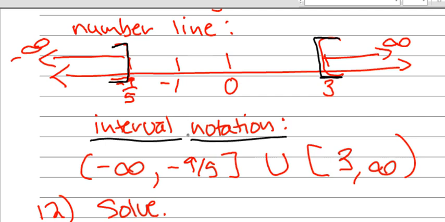It's a bracket because it's an equal to. And then I need my union, my big U, and then bracket 3, comma, and then I'm going all the way to infinity. And any type of infinity uses parentheses. So that is my answer or solution in interval notation.